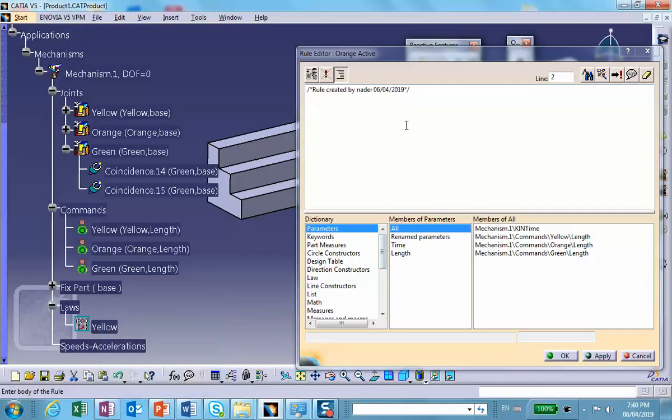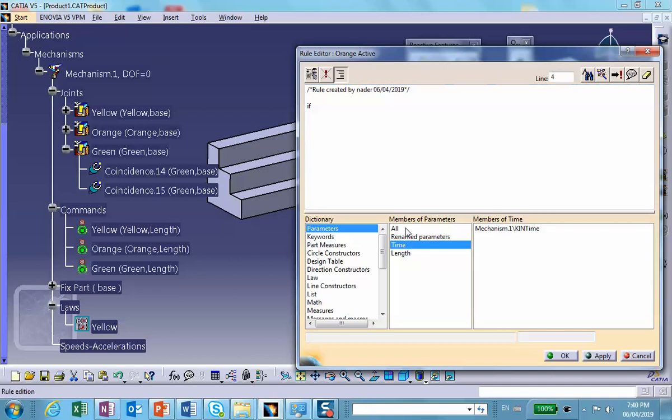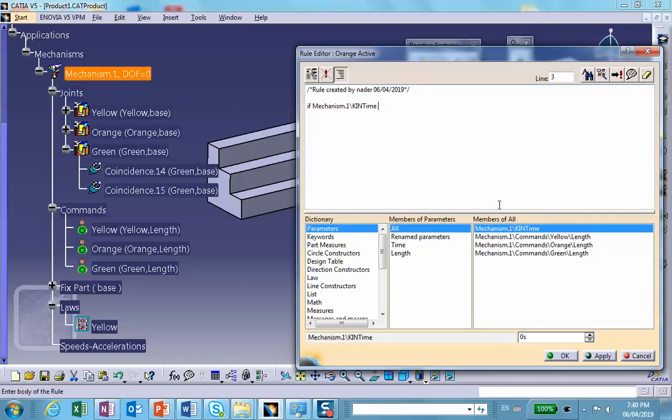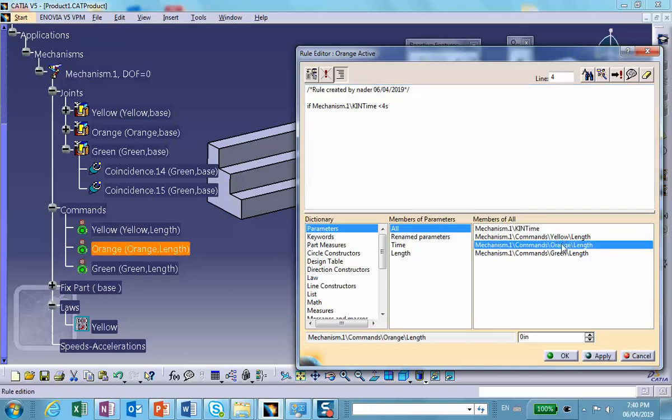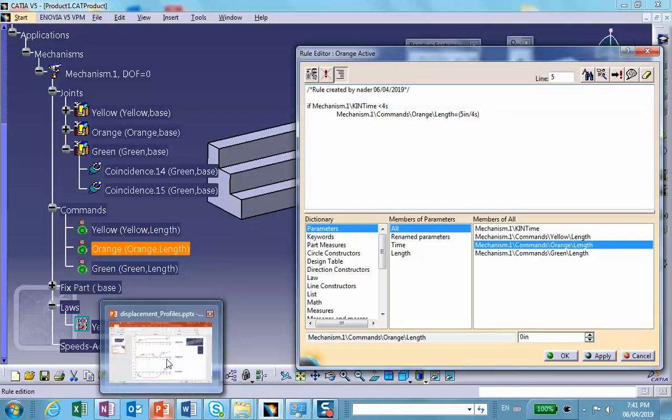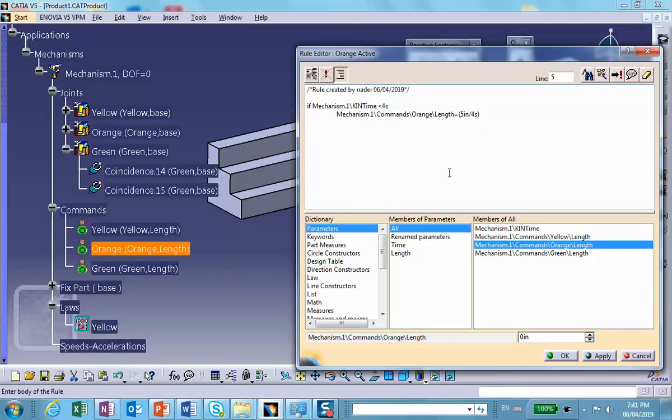So we say if time is less than 4 seconds, the command is the orange command, this one, equal to the speed, which was 5 inches over 4 seconds. Is that correct? Let's check this. Yep, 5 inches over 4 seconds times time.